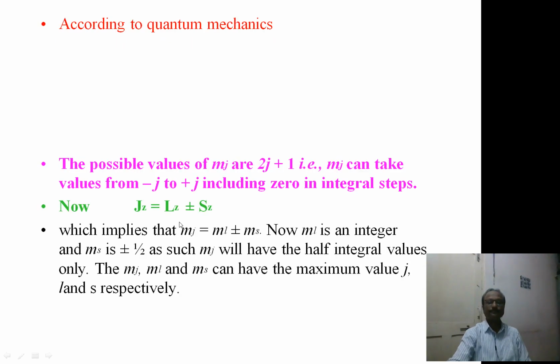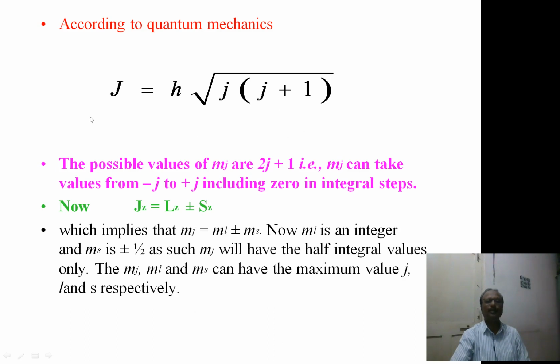So according to quantum mechanics, when the vector J, the total angular momentum, is formed, it can be mathematically expressed as J equal to h cross multiplied by the square root of small j into j plus 1, where small j is called the total angular momentum quantum number.